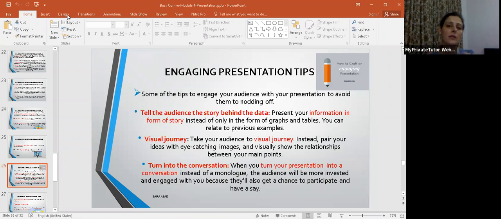If you're reading everything from the slides, you have to change that a little bit, create a story in between, or relate it to real scenarios or situations. Then you can take your audience on a visual journey.